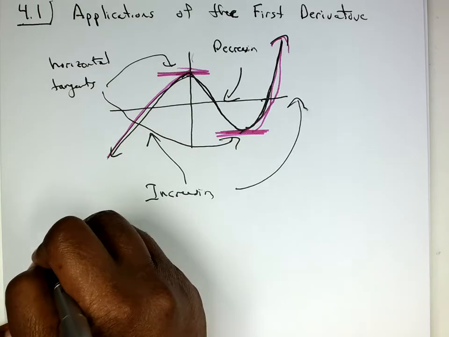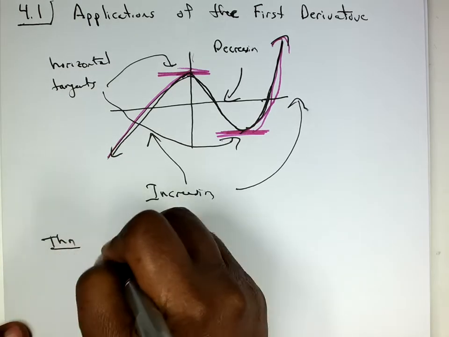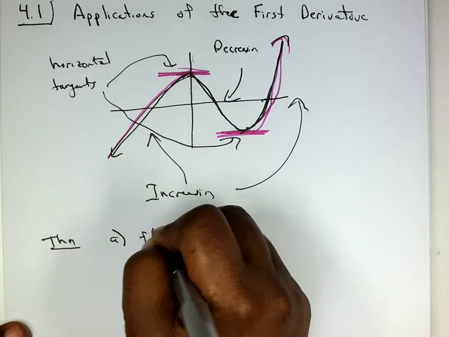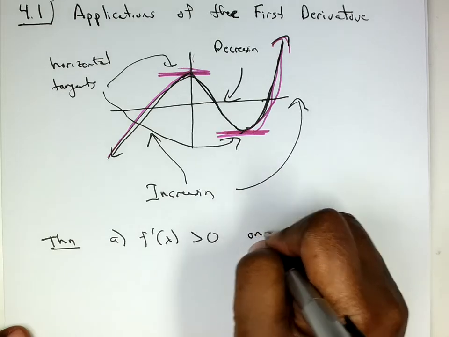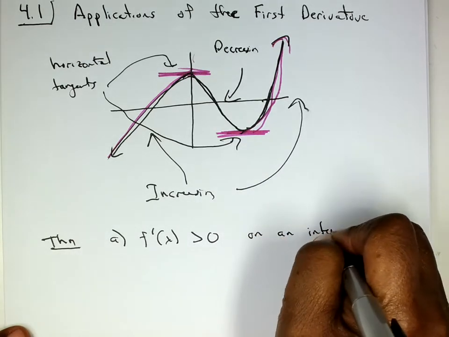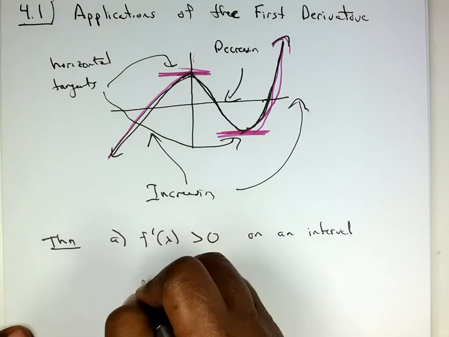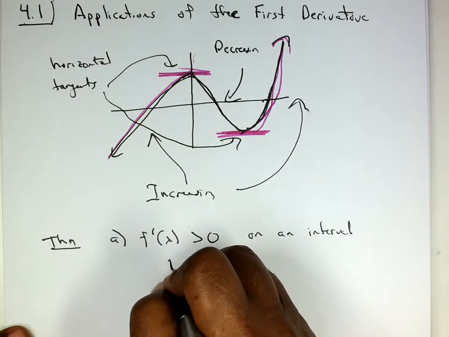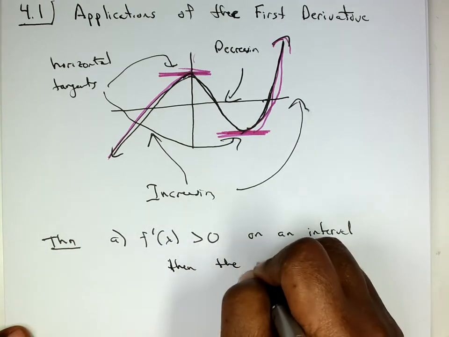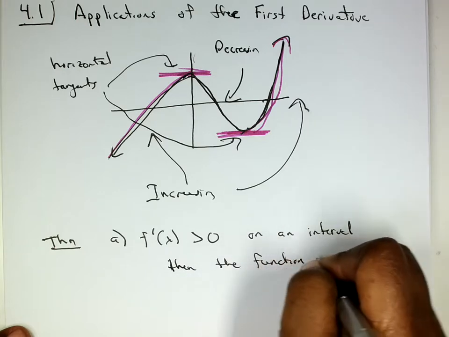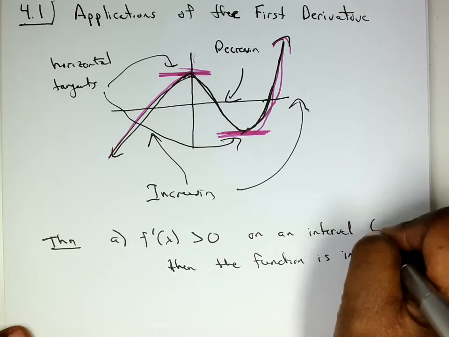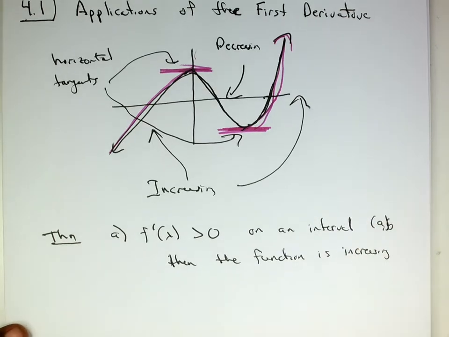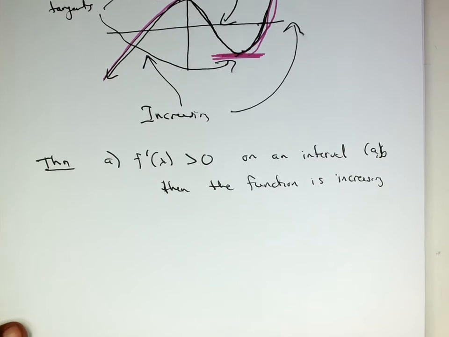Well, if my derivative is positive on any interval, then it's increasing. So positive on the interval tells me that the function is increasing.